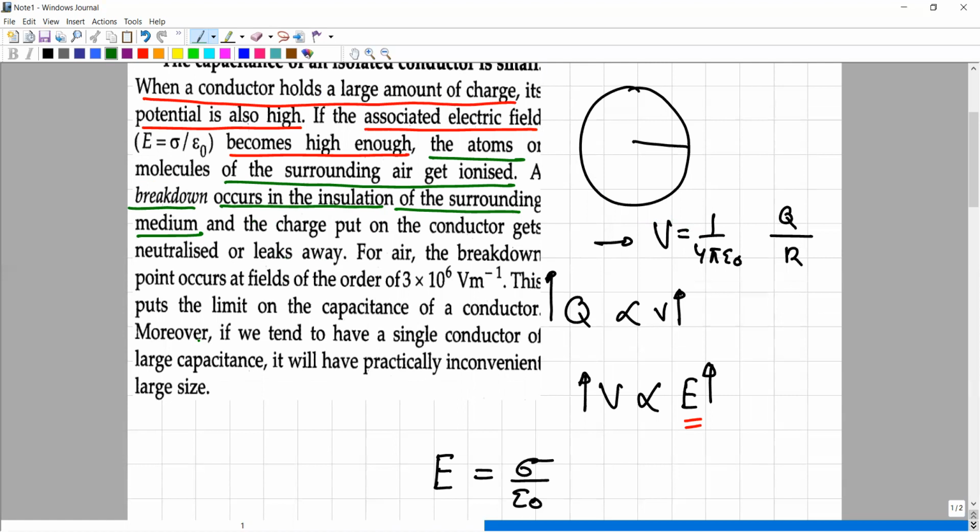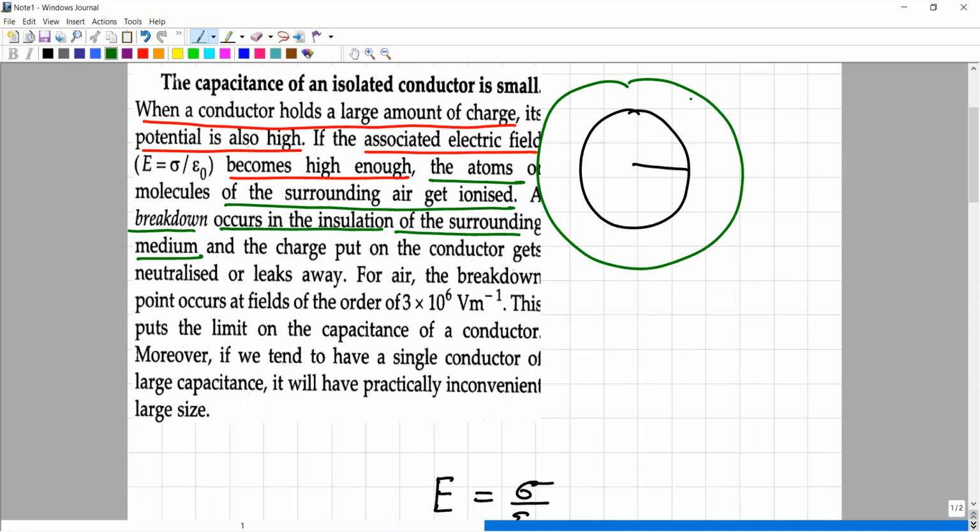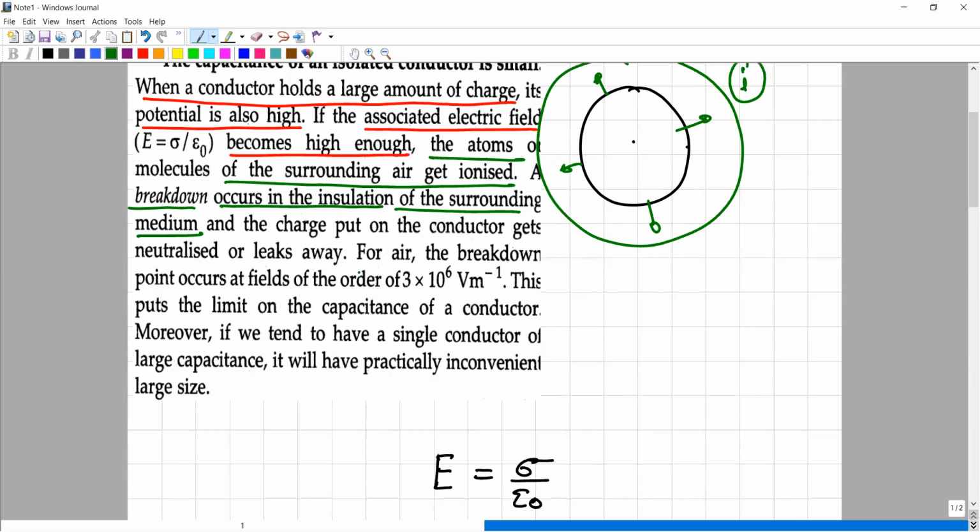That means even though the medium around this conductor is an insulator, because of the very strong electric field, the insulating property will break down.